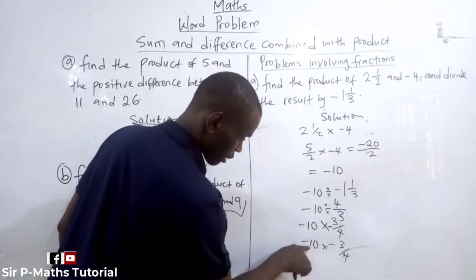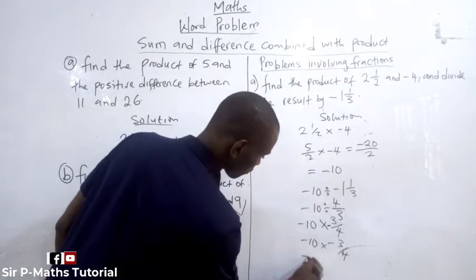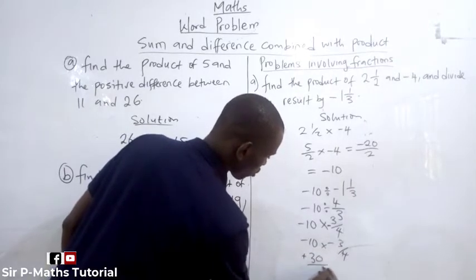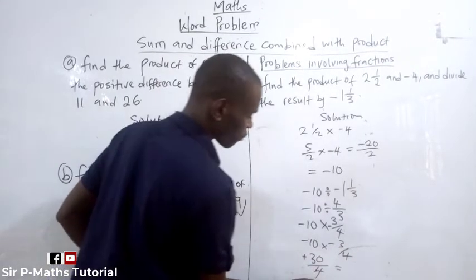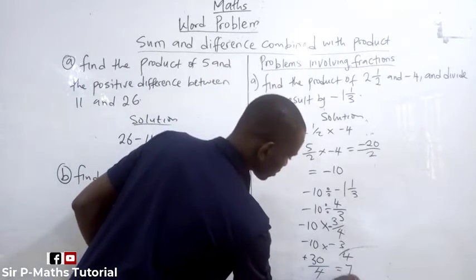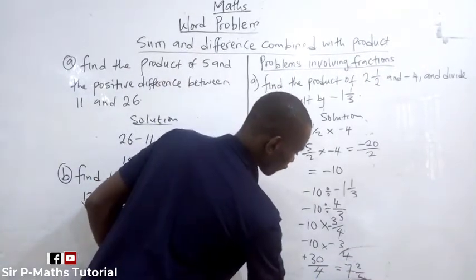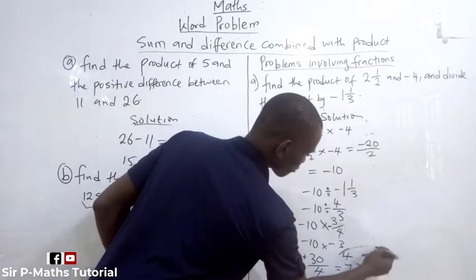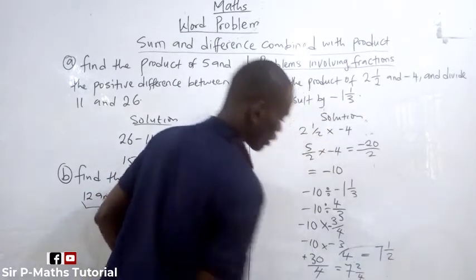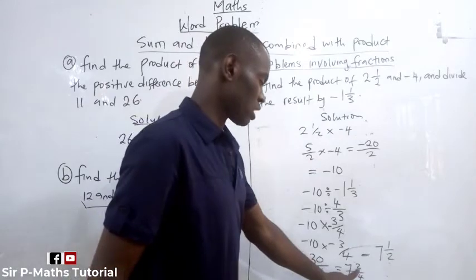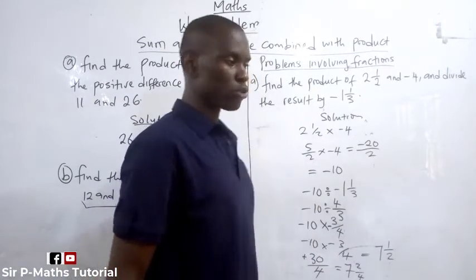Now, minus 10 times minus 3 will give me plus 30 all over 4. How many 4s can we find inside 30? 7, remaining 2 all over 4. That means we will have 7 1/2, because 2 over 4 gives me 1 over 2.